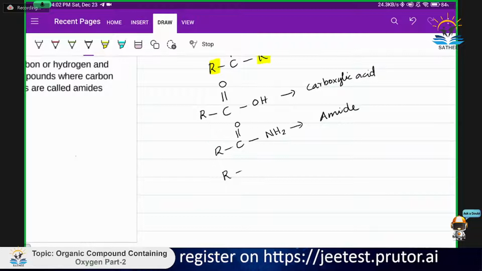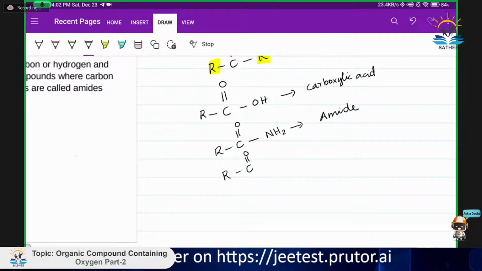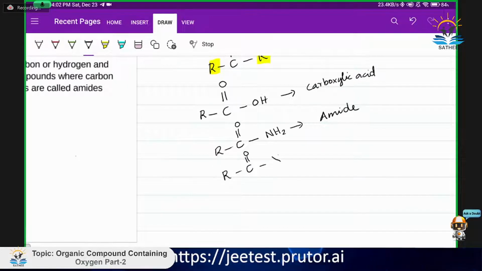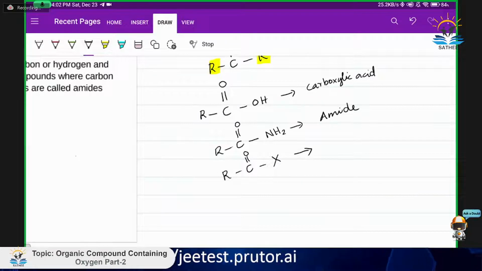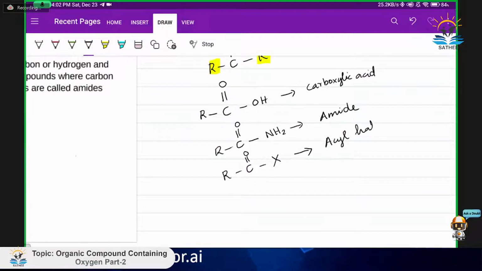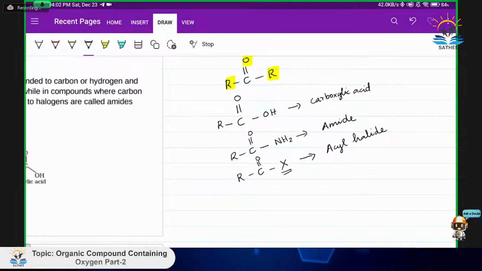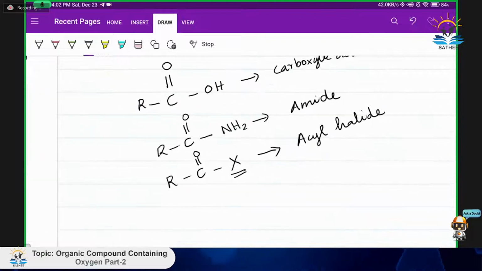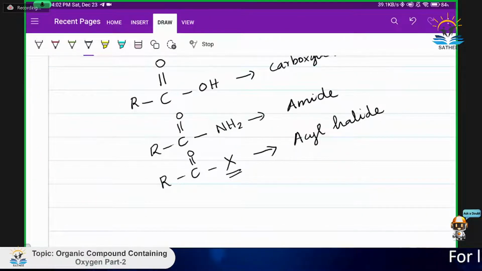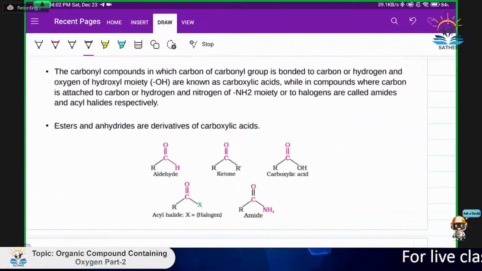And if it is attached to oxygen and a halogen, it's called an acyl halide. Depending on which halogen it is, we call the suitable name. If it is a chlorine atom, we call it acyl chloride, etc.